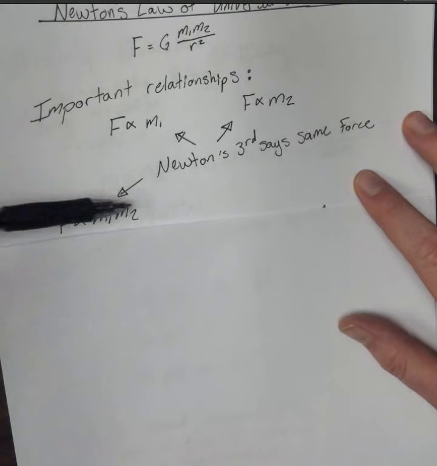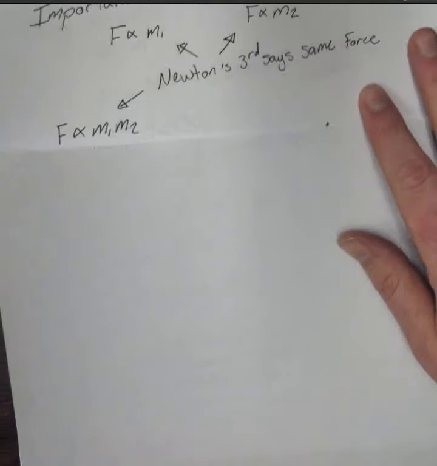If we increase the mass of the second object, the force will increase proportionally. If we decrease the mass of both objects, then the force will decrease by the product of the two masses decrease. It's called a direct relationship, and it's directly proportional.